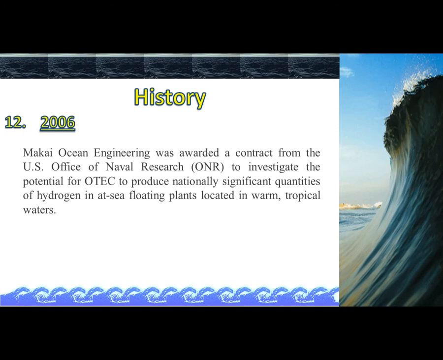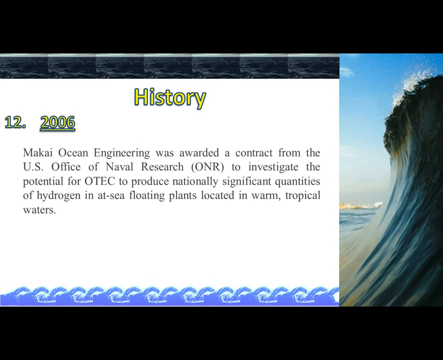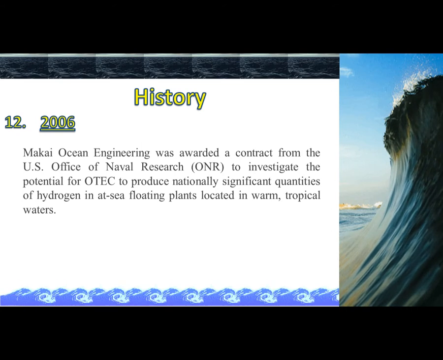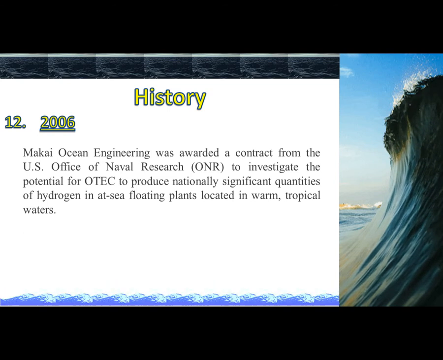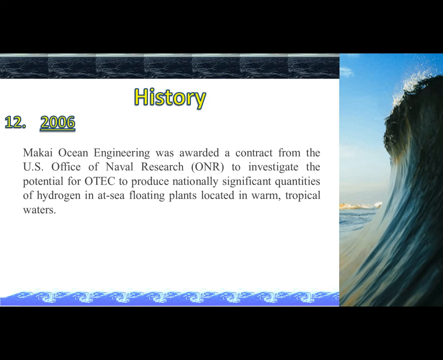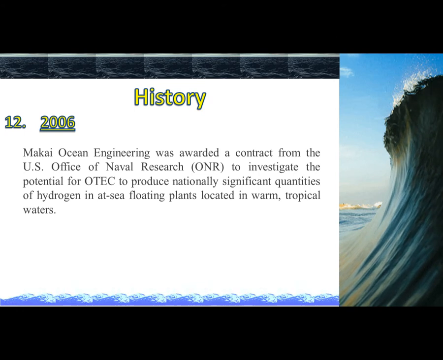In 2006, Makai Ocean Engineering was awarded a contract from the U.S. Office of Naval Research (ONR) to investigate the potential for OTEC to produce nationally significant quantities of hydrogen in at-sea floating plants located in warm tropical waters.